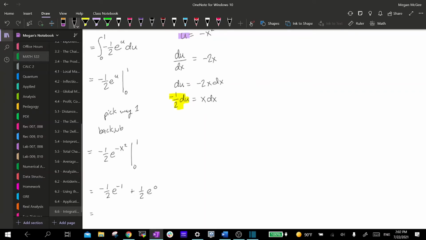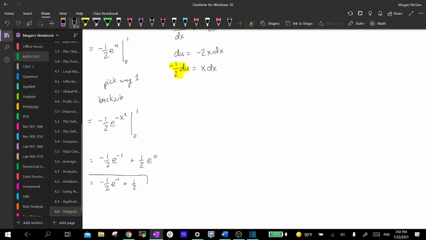And so we just end up with negative 1/2 e to the negative 1 plus 1/2. E to the 0 is just 1. And we can leave it at this. So if the computer asks you to type in the exact answer, you would type in this value instead of the approximate decimal value.